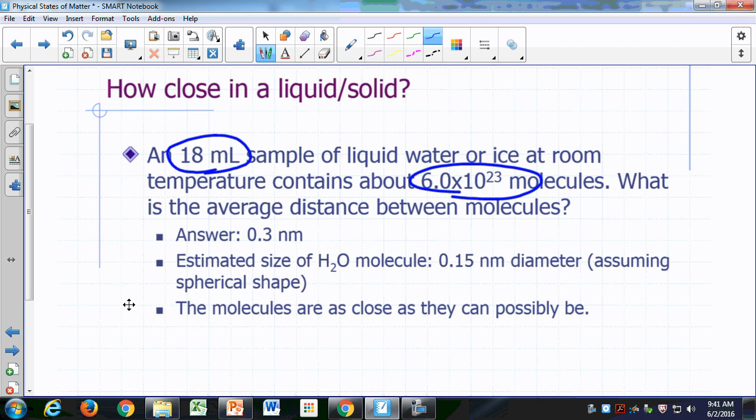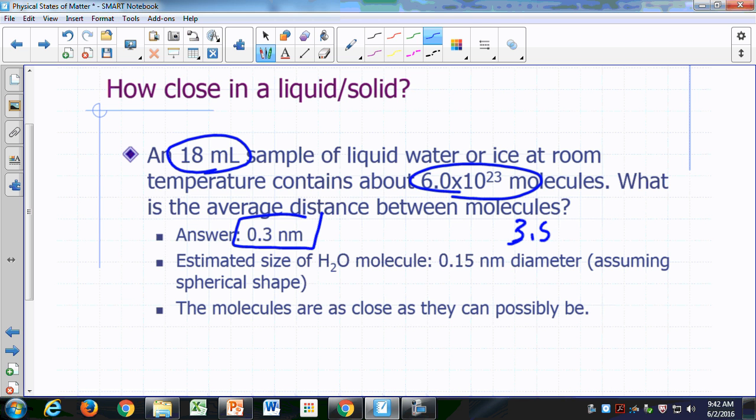So about 4 teaspoons of water would have about this many molecules of water. I'll leave that calculation up to you, since I've shown you how it's done for the other one. You'll find that the average distance is about 0.3 nanometers.